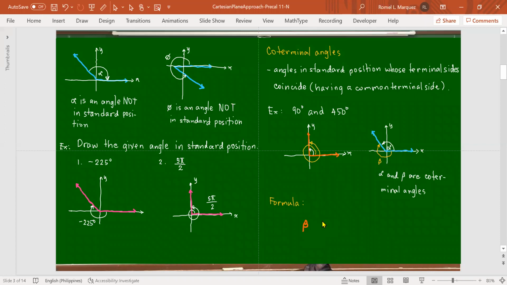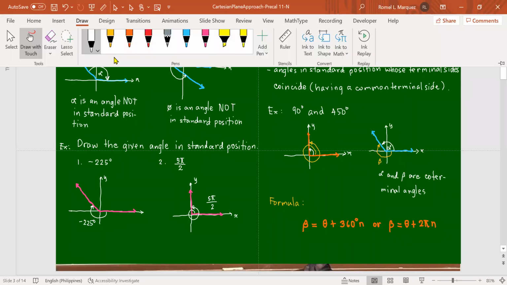So how to solve for beta? Beta is equal to theta plus 360 degrees times n. Or if it is in terms of radian measure, theta plus 2 pi n.